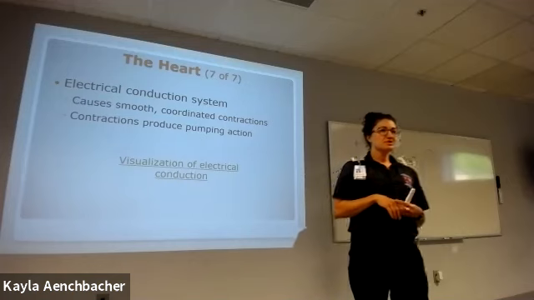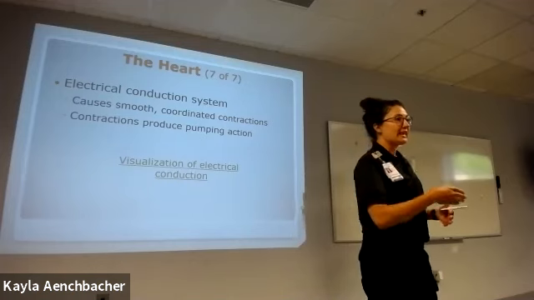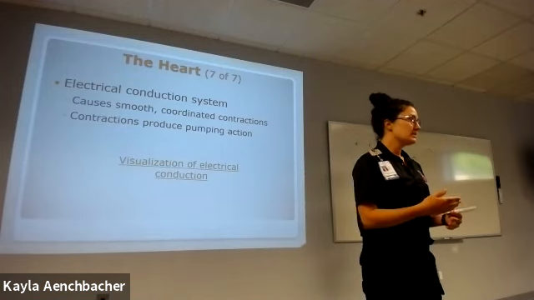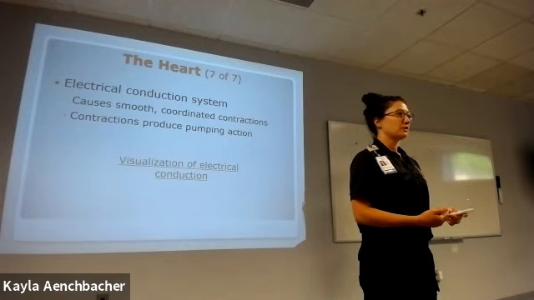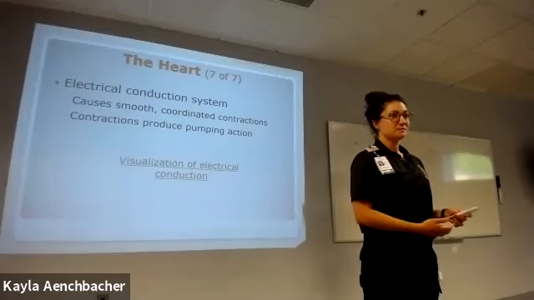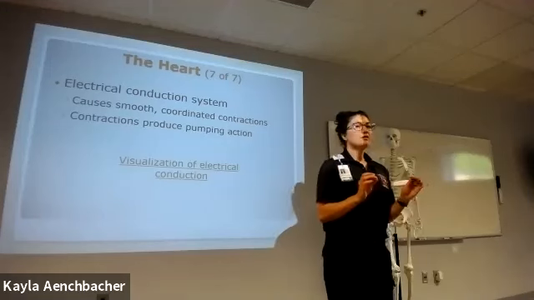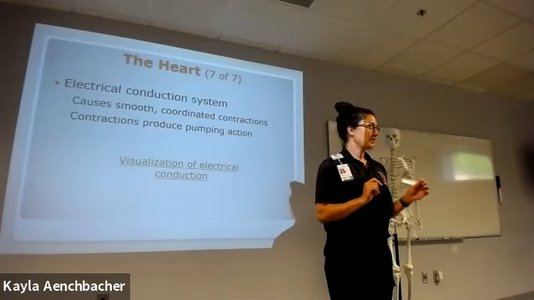So that impulse is generated in the sinoatrial node, and it's going to travel to the AV node. That's the next stop. What does that stand for? Atrioventricular node. All of this happens in just nanoseconds, every single time.